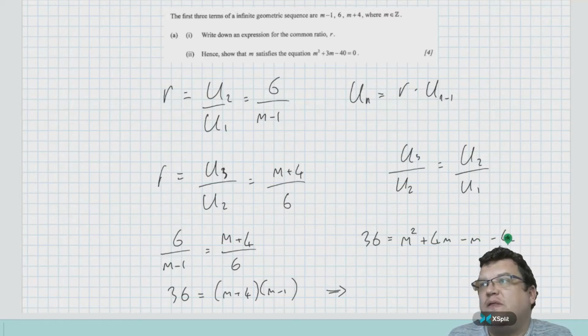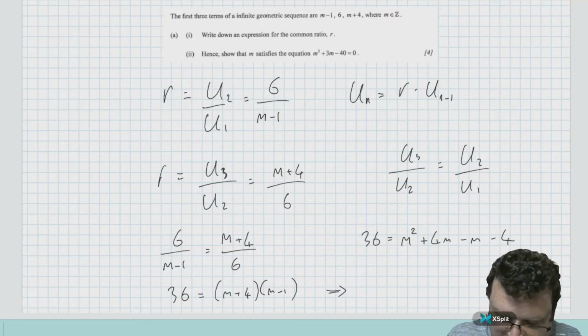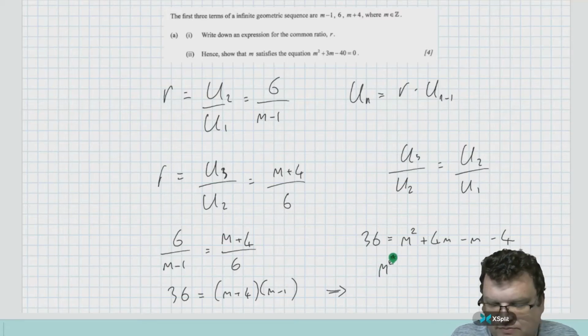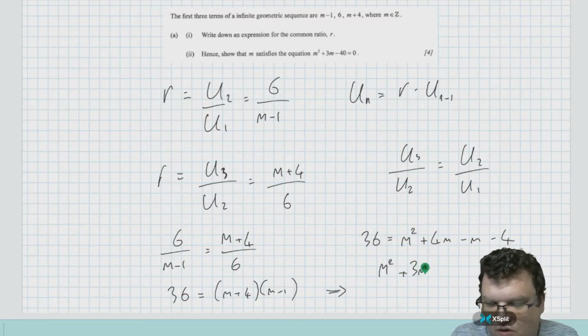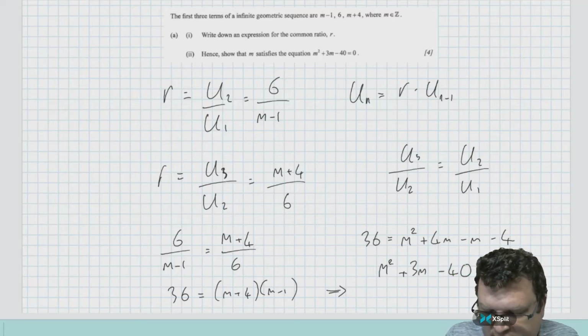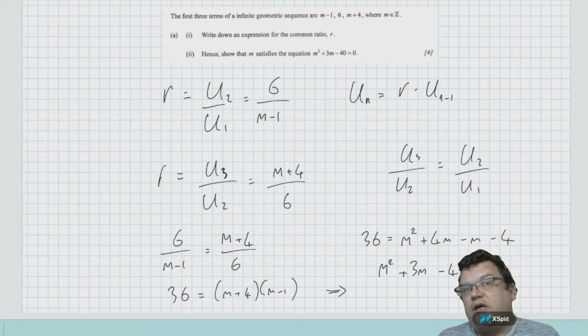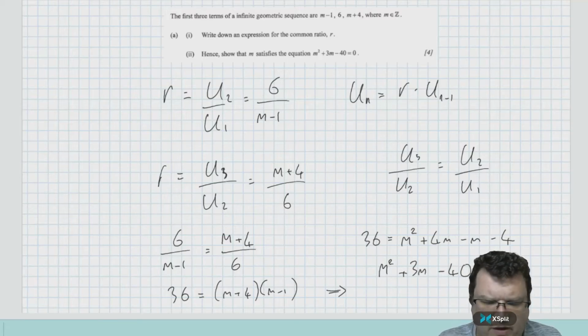And we're hoping that when we rearrange this, we get what was given in the question. And it's looking pretty good. So we've got the m squared, 4m's, take away 1 is leaving us with 3m. And then we've got negative 4 already. We bring 36 over for negative 40 equals 0. So looking good so far. That first section, not too tricky. Okay, so we've got m satisfying this equation.